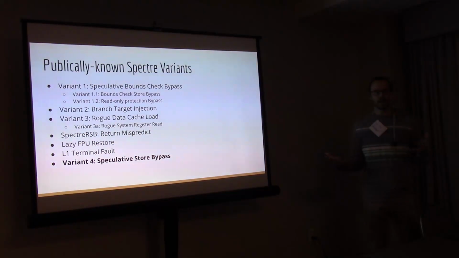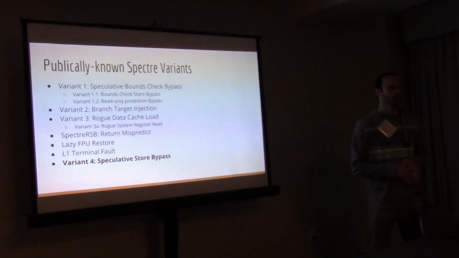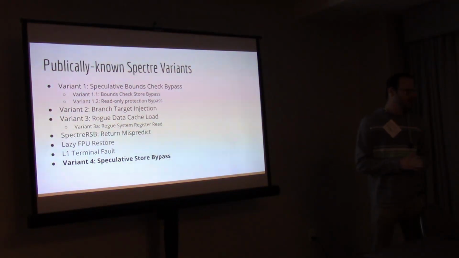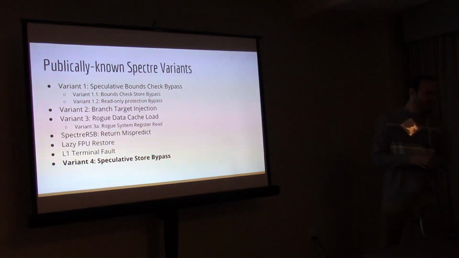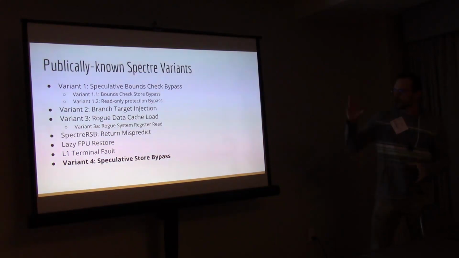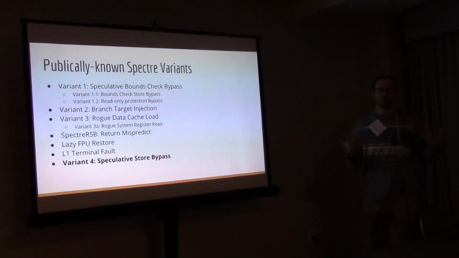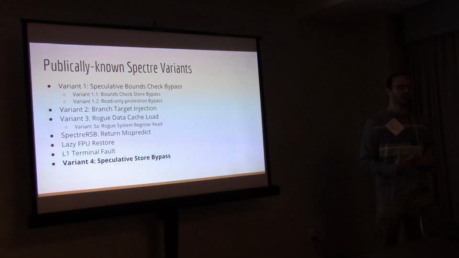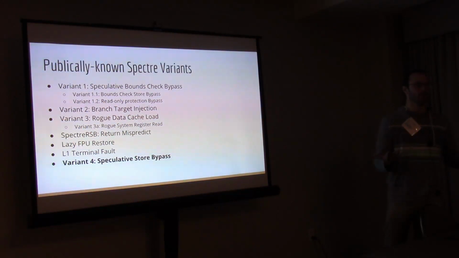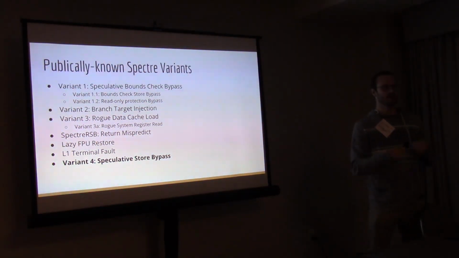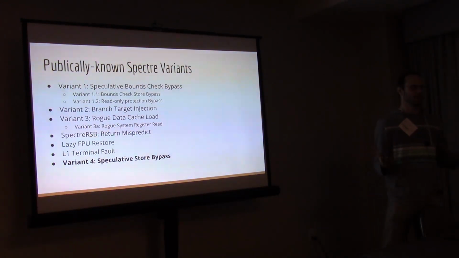So Spectre has many variants. I'm not going to talk about them except variant 4 at the end, because that's where most of the work that I did comes in. But variant 1 basically deals with branch prediction. You can train the CPU that, hey, my array indexes are always in bounds, and then the CPU is going to predict that your new index, which is way out of bounds, is in bounds.